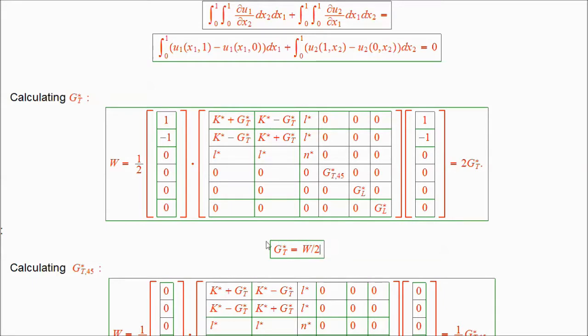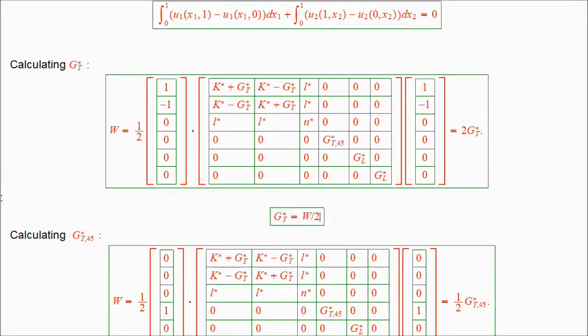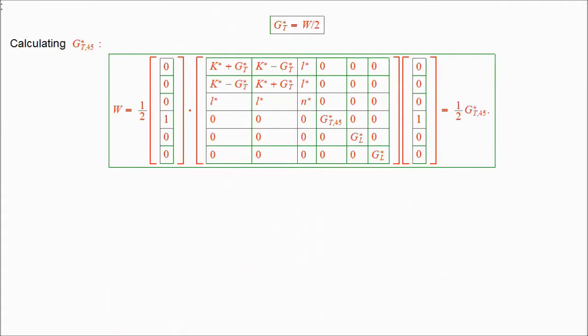For the calculation of GT45 star, I do the following. Then I need an average strain vector like this. It looks very simple. It's 0, 0, 0, and 1 in the fourth place here, and 0, 0.